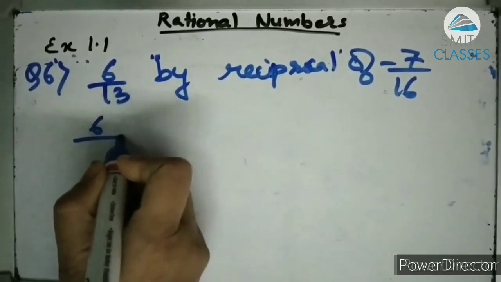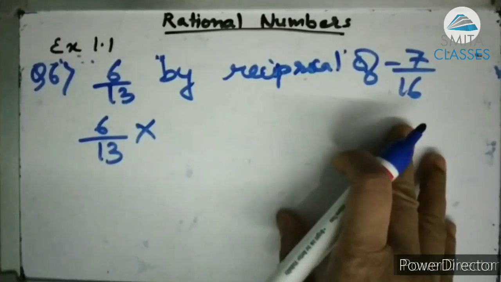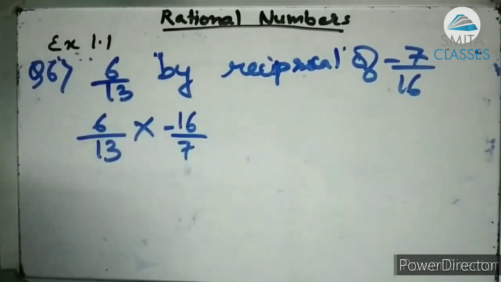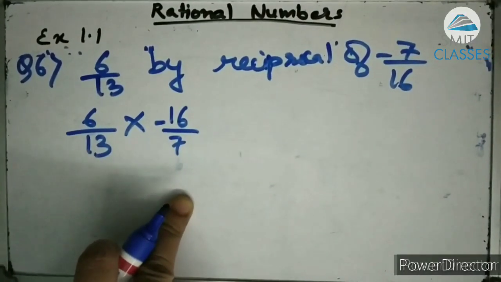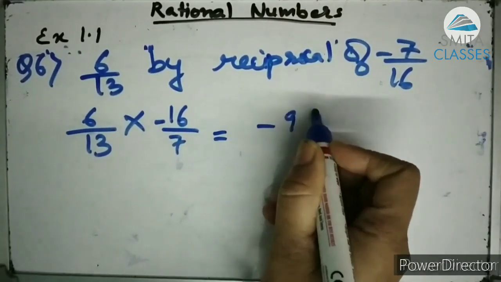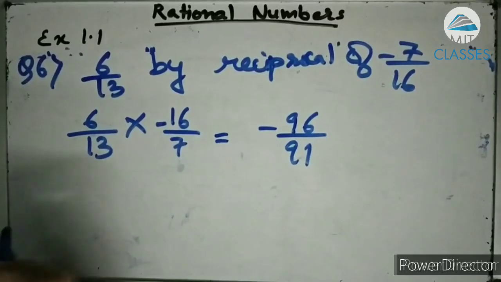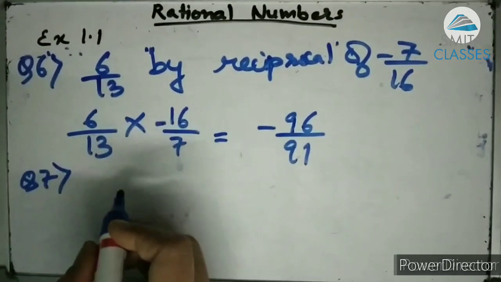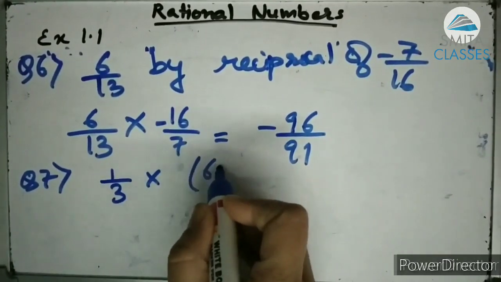So I will multiply 6 by 13 with the reciprocal of minus 7 by 16. The reciprocal will be 16 by minus 7 or minus 16 by 7. If I multiply it, I will get the answer as minus 96 by 91. Now I go to question number 7. Question number 7 has given one thing like this.